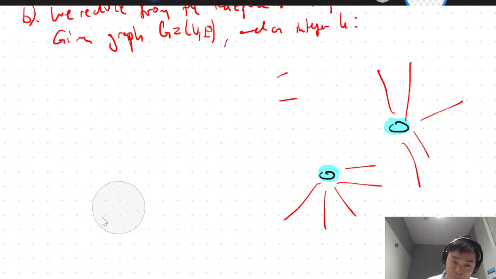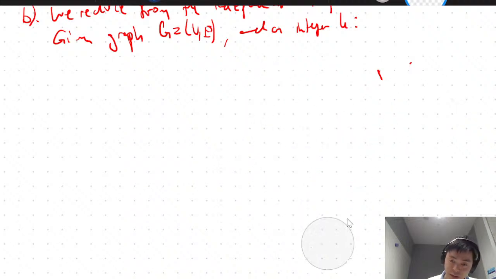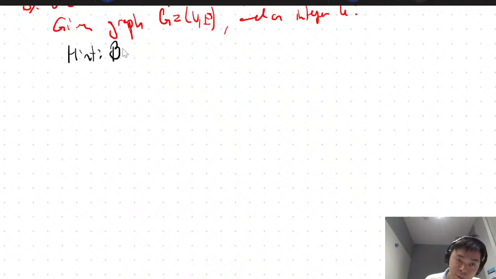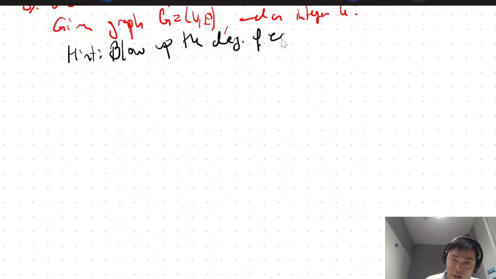So the hint is to blow up the degree of each vertex.